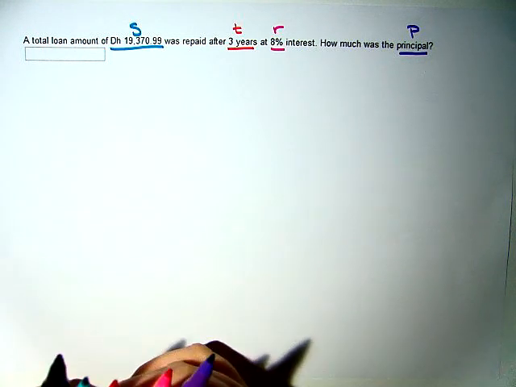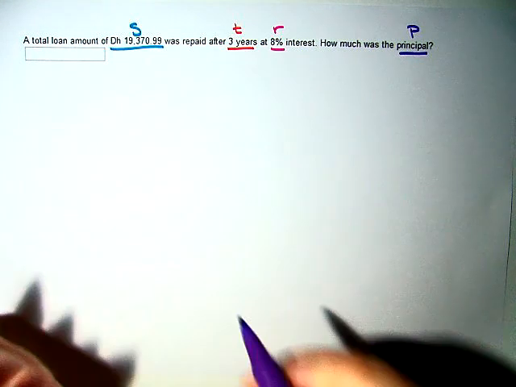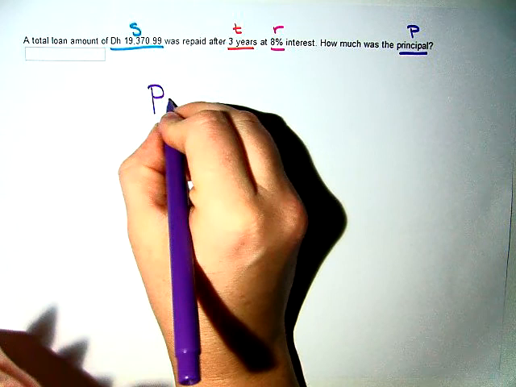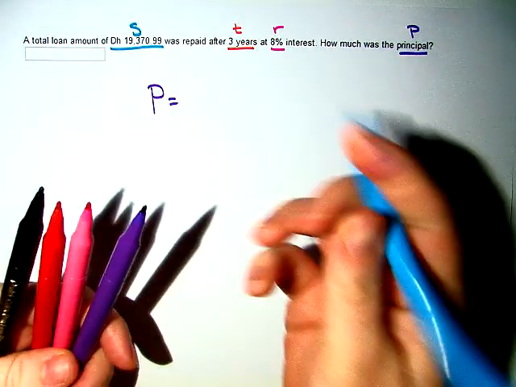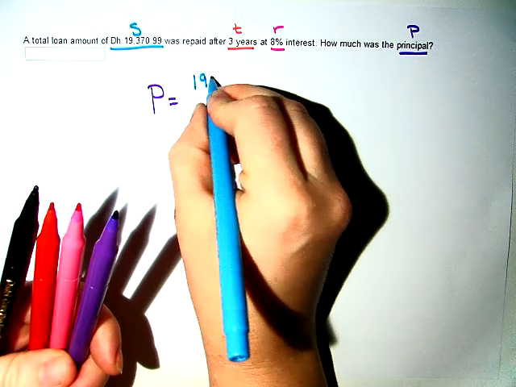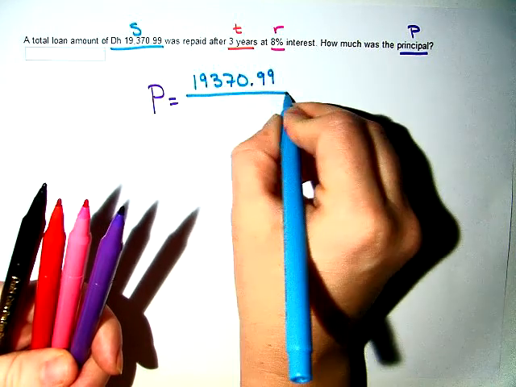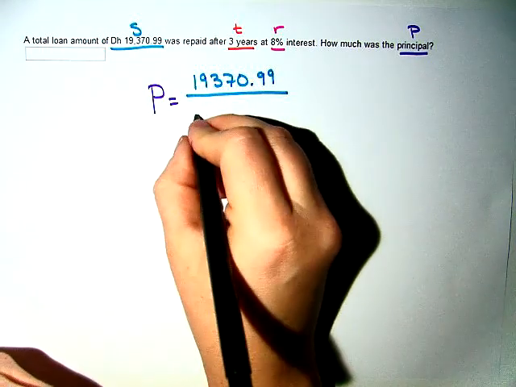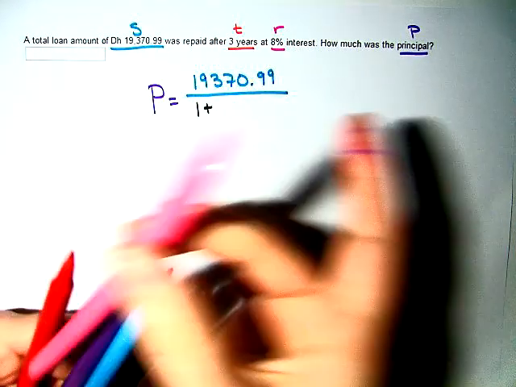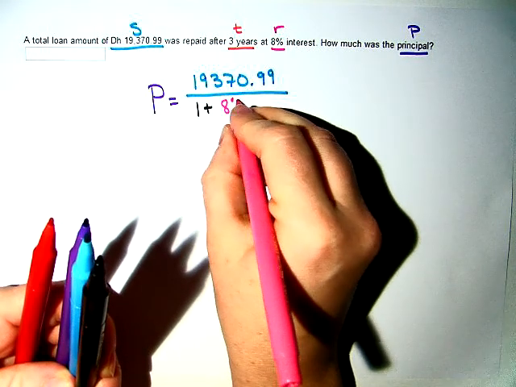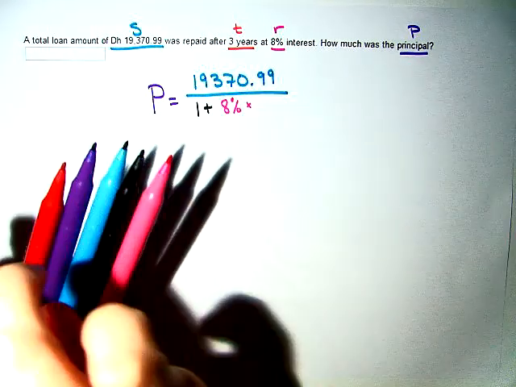All right, well, we know our P from the previous equation, and we know what that solves, so we're going to go ahead and just fill it in. P equals 19370.99, and we're going to divide this by 1 plus 8% times 3.